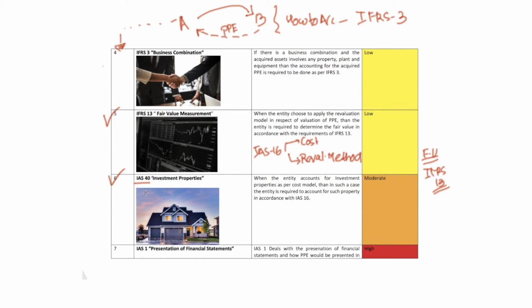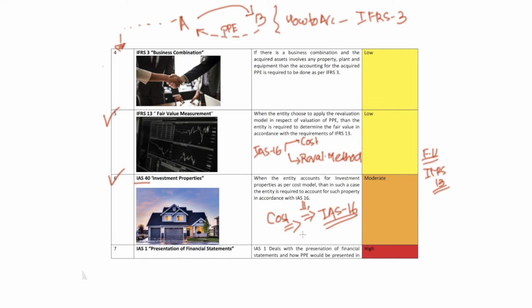We already discussed this while discussing the definition of property, plant, and equipment, which means if there is any investment property which is going to be measured at cost, then in such a case, the requirements are given under IAS 16.